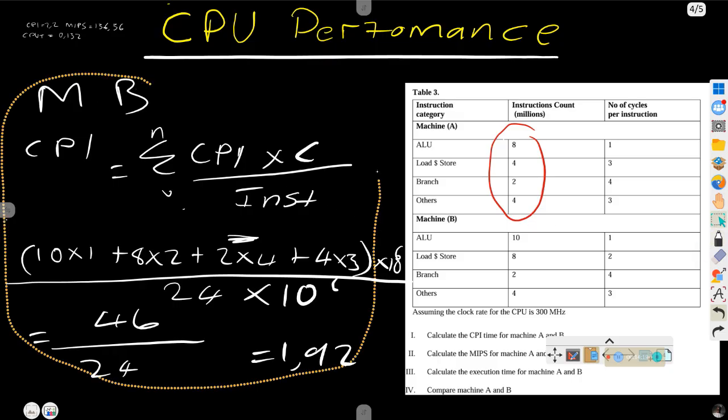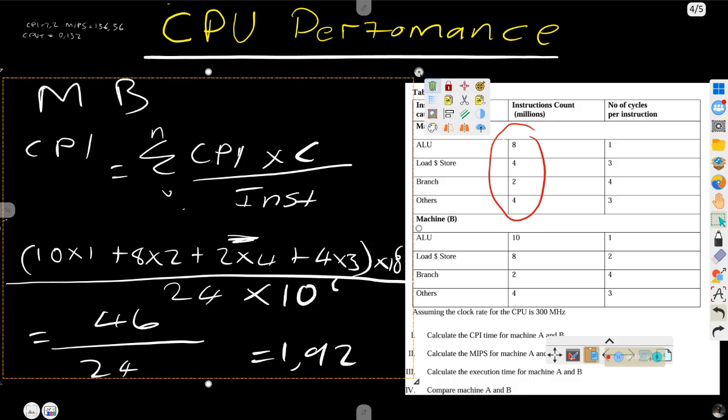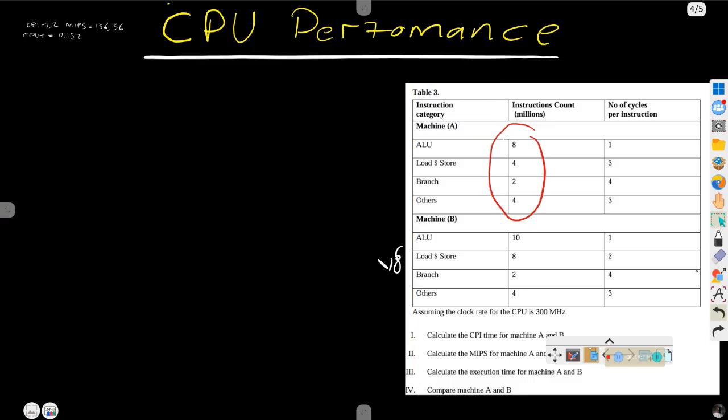Now we have calculated CPI. Let's move to MIPS. First put this down in the register. CPI is equal to, no, it's not 0, I made a mistake again, it is equal to 1.92. That is our CPI. Now after CPI, we have to calculate the MIPS.